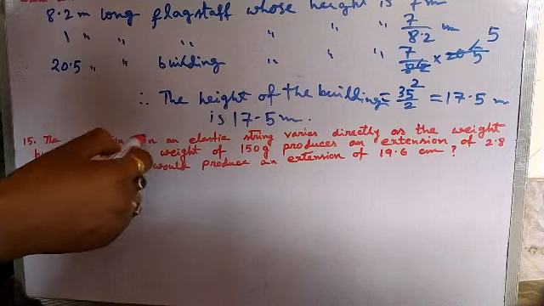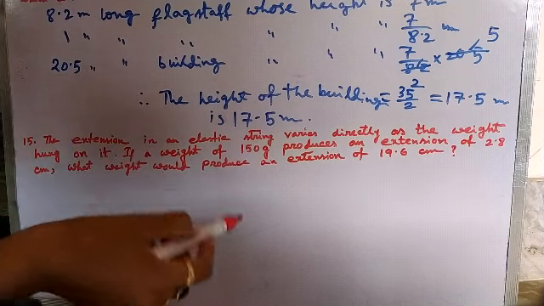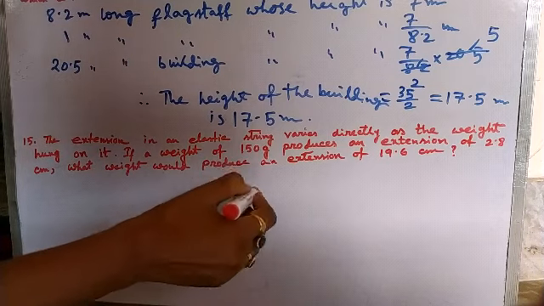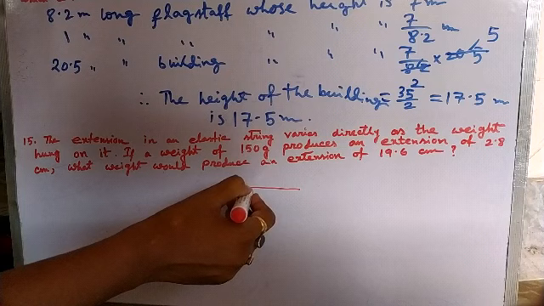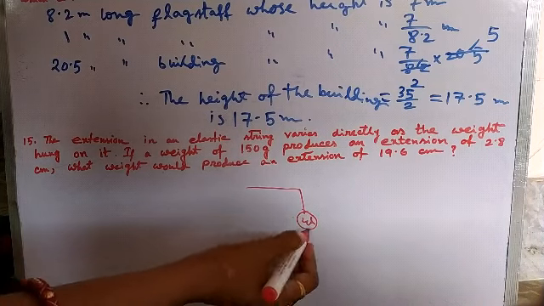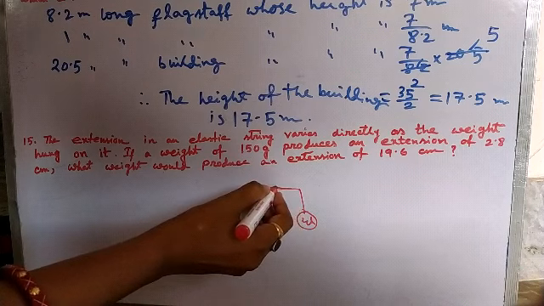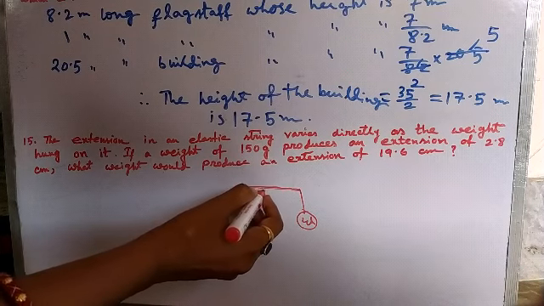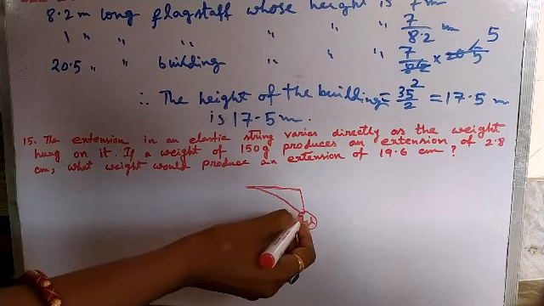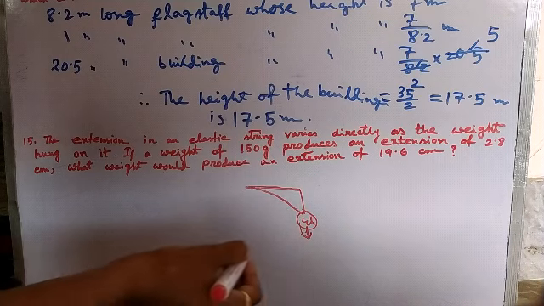When weight is increased, suppose this is elastic string, and here is the weight, then the length of the string will be increased, because it can be moved like this when weight is increased.